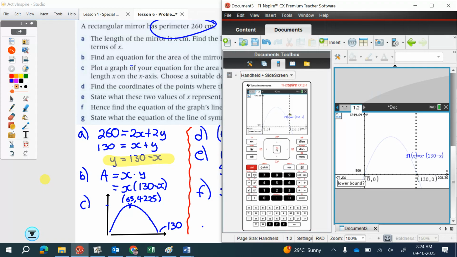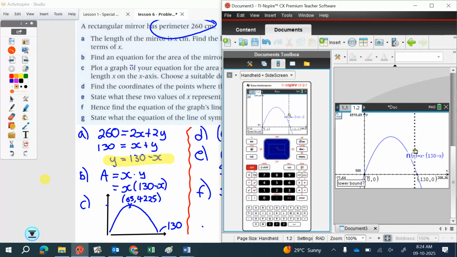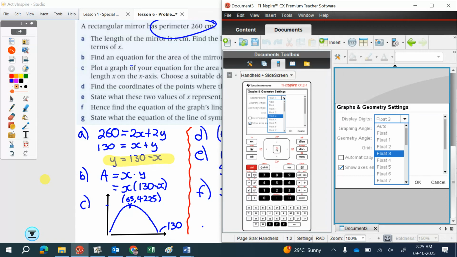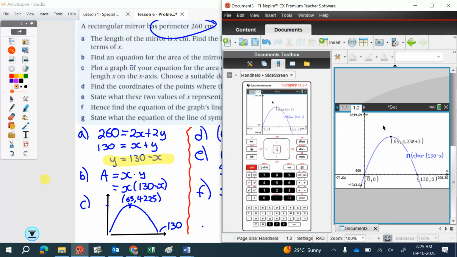So this one has a maximum. So if I find the maximum, I see it's at 65, 4225. If I want to fix this, notice that I'm getting the standard form on this one. With the settings that I have here, if I change this from float 3 to auto, it might fix that for me.